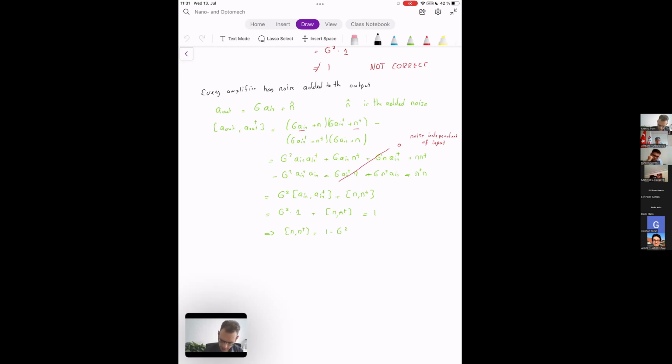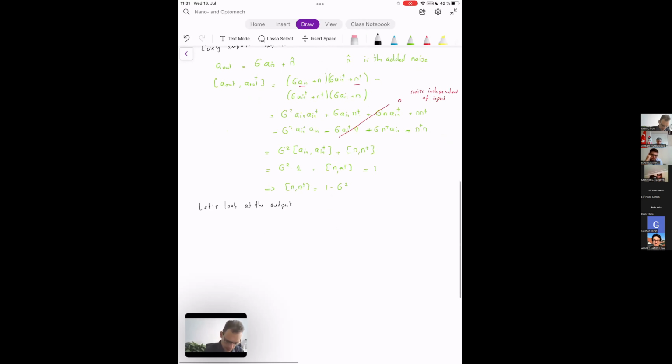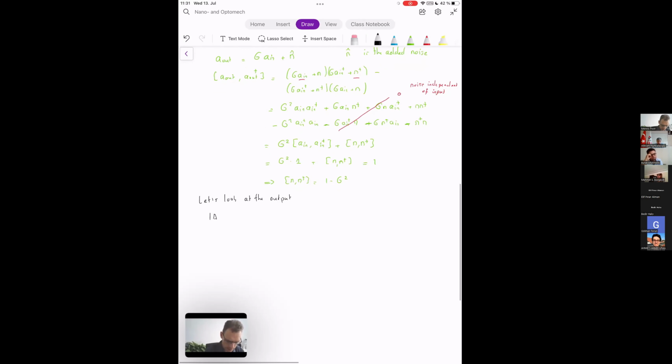So what we would like to know now is, let's look at the output of the amplifier. What we are now going to look at is the noise in the output operator.